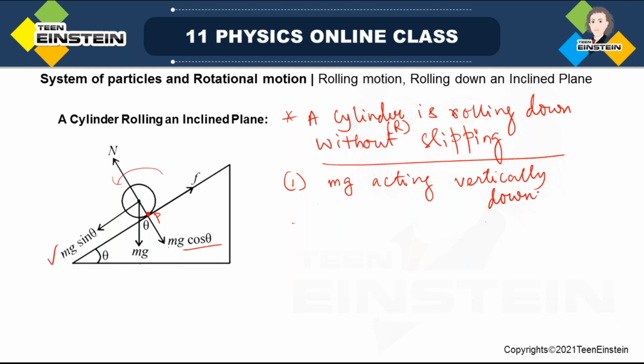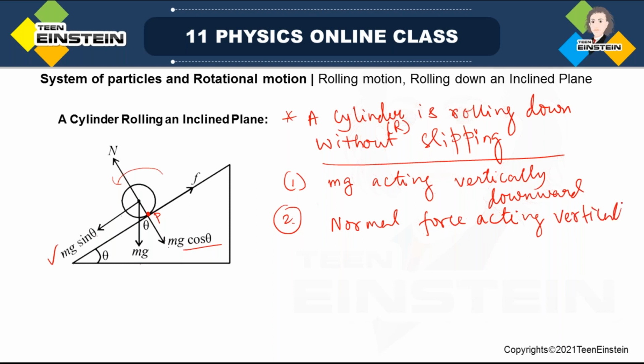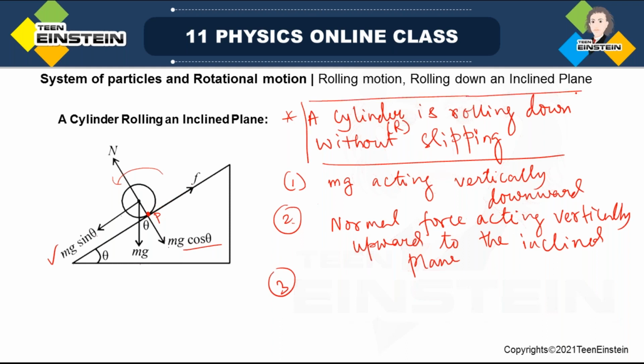Then the second force is the normal force, acting perpendicular to the inclined plane. And the third force is the friction, which is satisfying this condition.